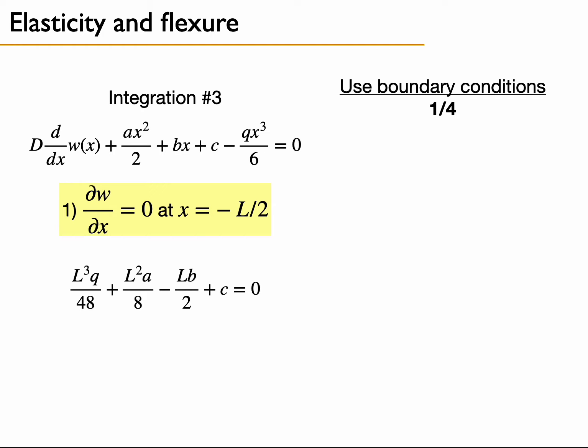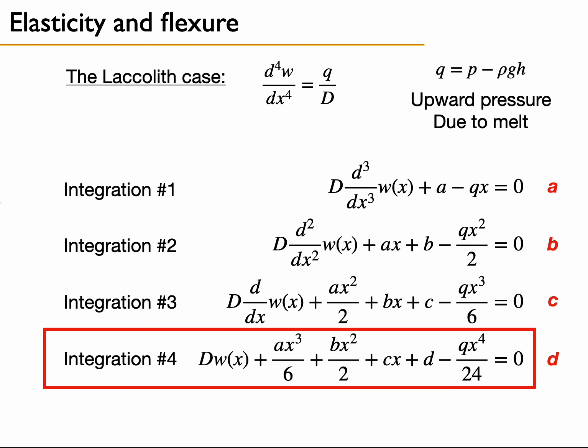So we're going to use the first boundary condition, and you see that this boundary condition relates to dW/dx. So let's look again at our different integration steps. Remember, we had 4 integration steps.